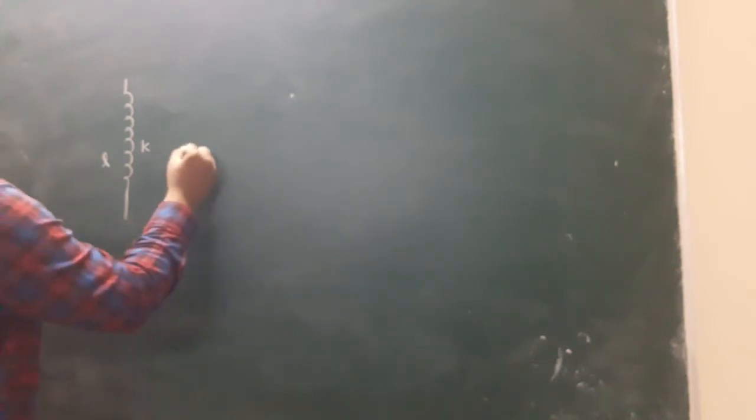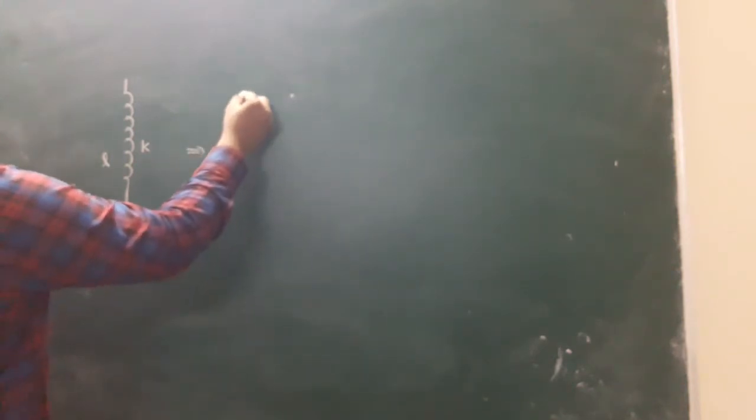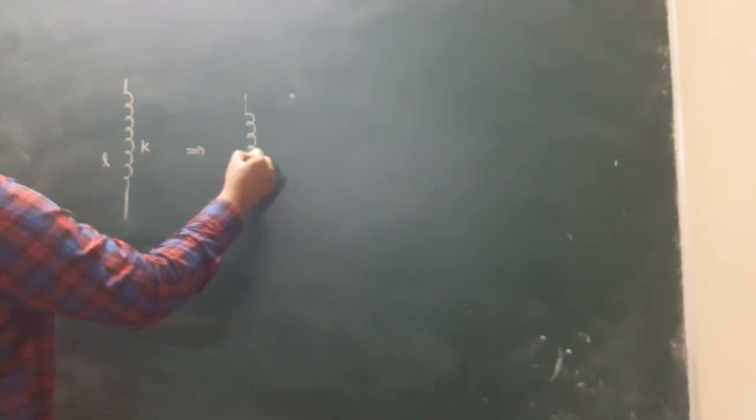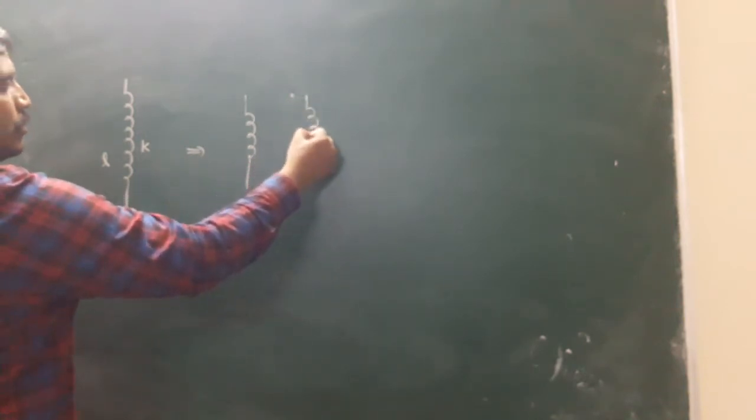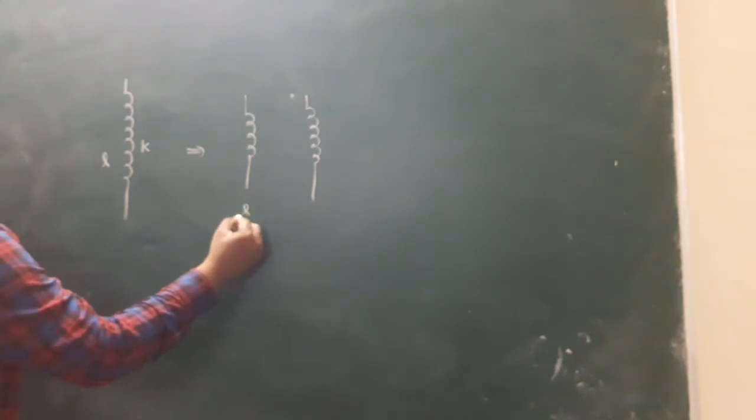This is the spring. Spring constant is denoted by K, or it is called force constant. Spring length is L. This spring is cut into two equal parts.